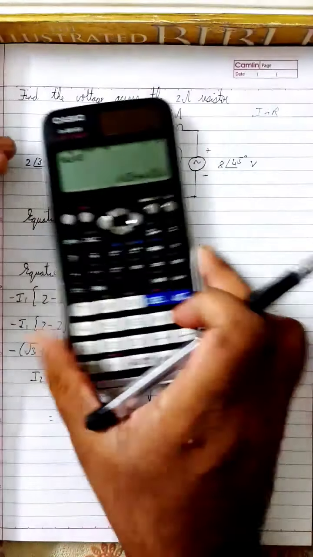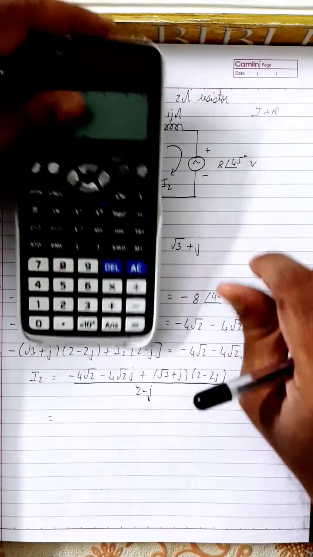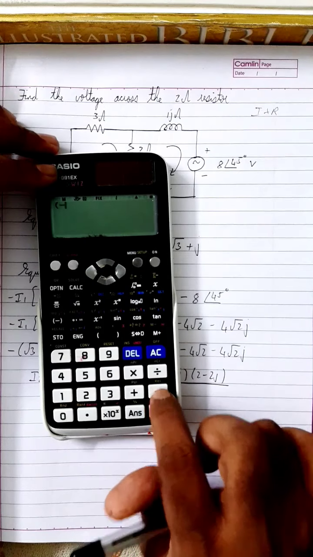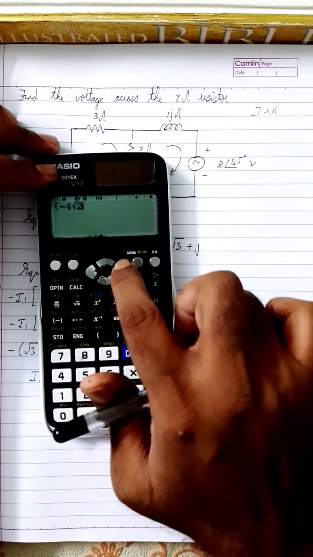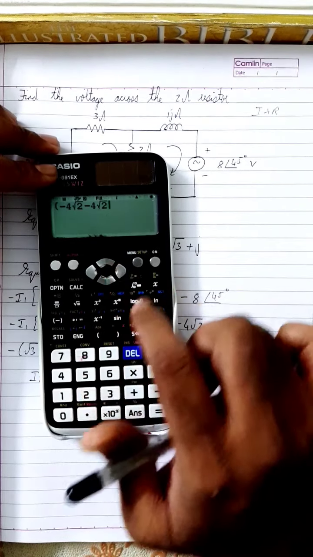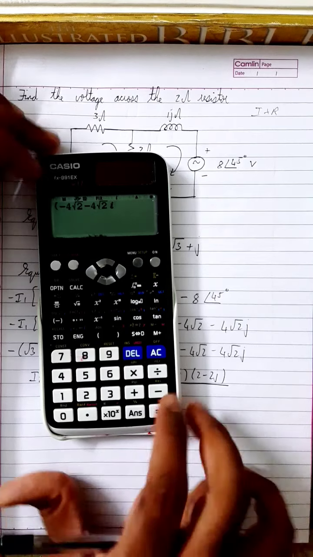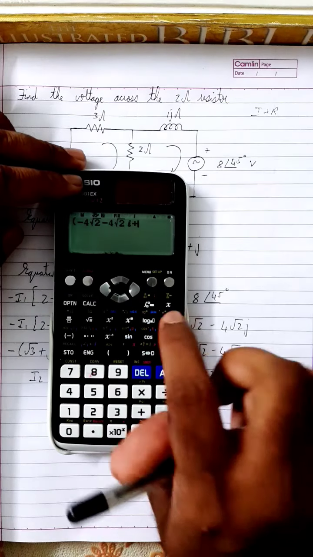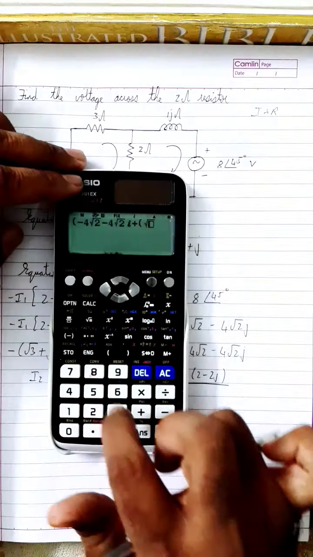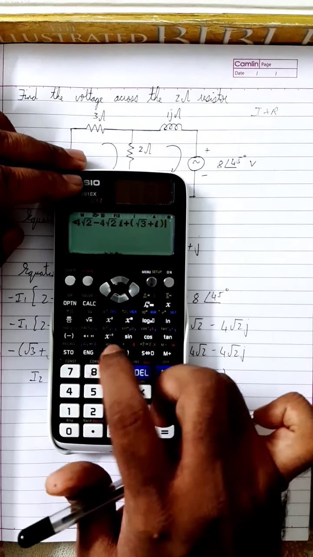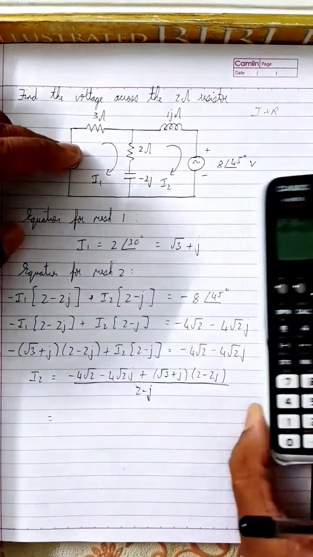Okay, let me calculate this. So this is minus 4 root 2 minus 4 root 2 j. Put the bracket first. Then plus (root 3 plus j) into (2 minus 2j).